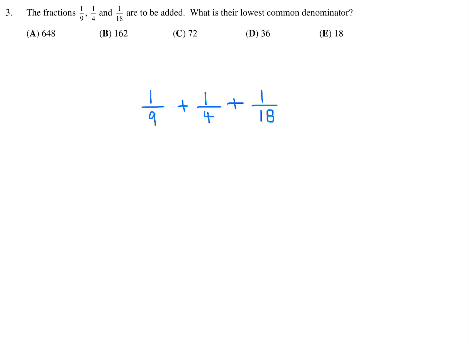All right, no problem. How about if I made 36? That would work. Top and bottom here by 4, top and bottom by 9. But this one I'd have to multiply top and bottom by 2. And that would give me 4 plus 9 plus 2 all over 36. So they actually don't want the sum, they just want the denominator. So number 3, the answer is D.